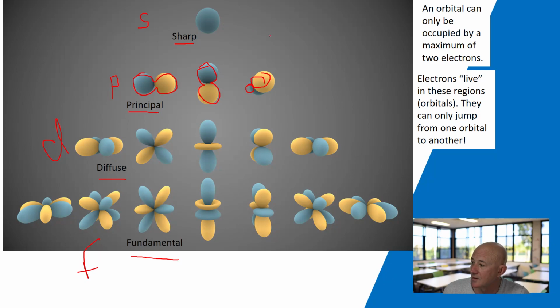The other thing is, it's not just the shapes, you've got to look at the energies involved. So this is the lowest energy, higher, higher, higher again. And these are discrete energy levels.